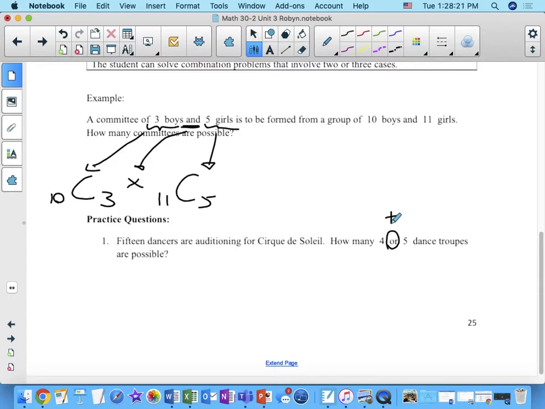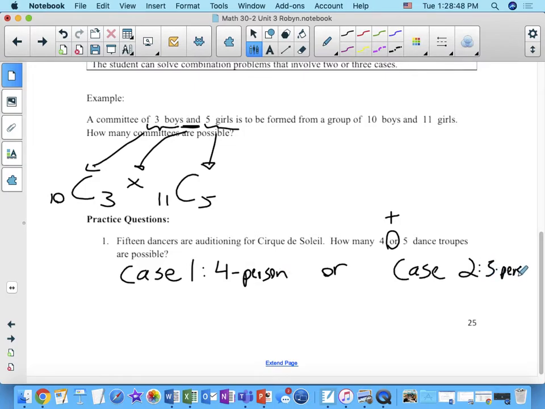How many 5 person dance troupes are possible? That's better. And then we add those together, right? So this is like case 1 or case 2. This is like the 4-person. This is the 5-person.